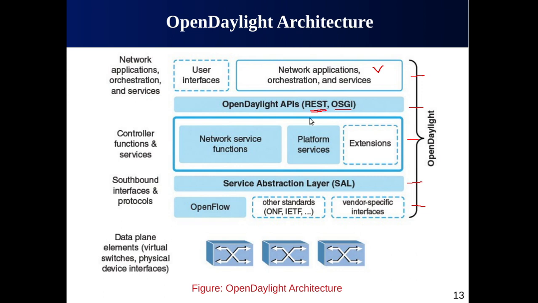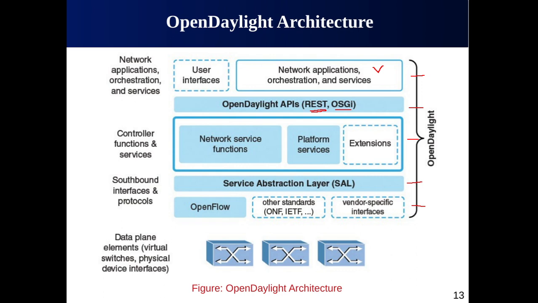The OSGI framework is basically used for applications that will run in the same address space as the controller. That means both the controller and the application are in the same address space.